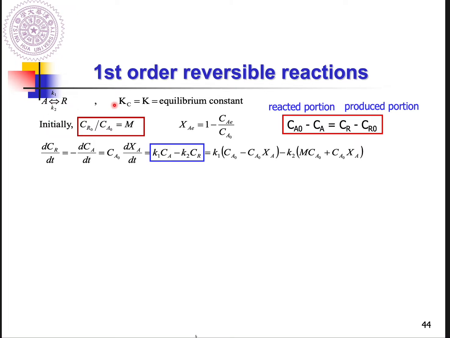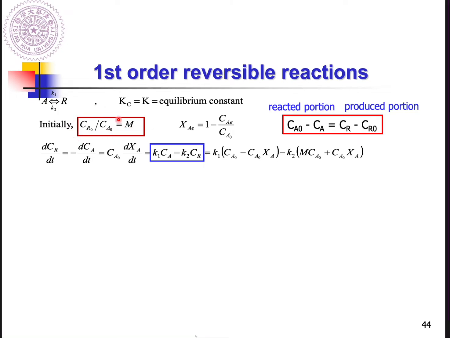And we assume when this reversible reaction reaches equilibrium conditions, then at that moment we have a rate constant Kc. Initially, before the reaction happens, we have Cr0 over Ca0 equals m.